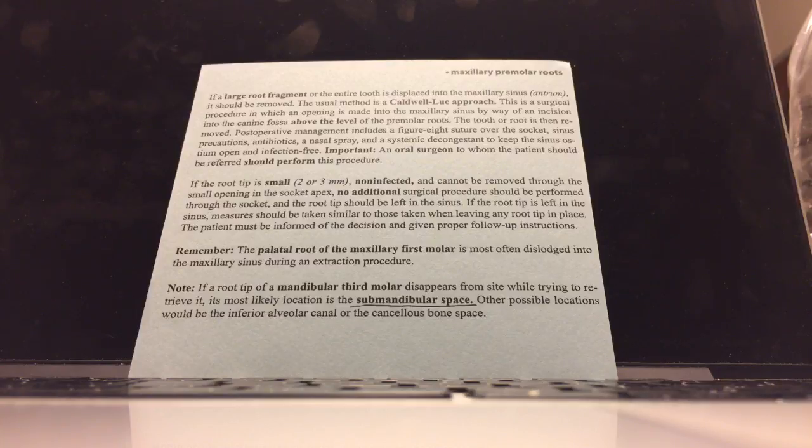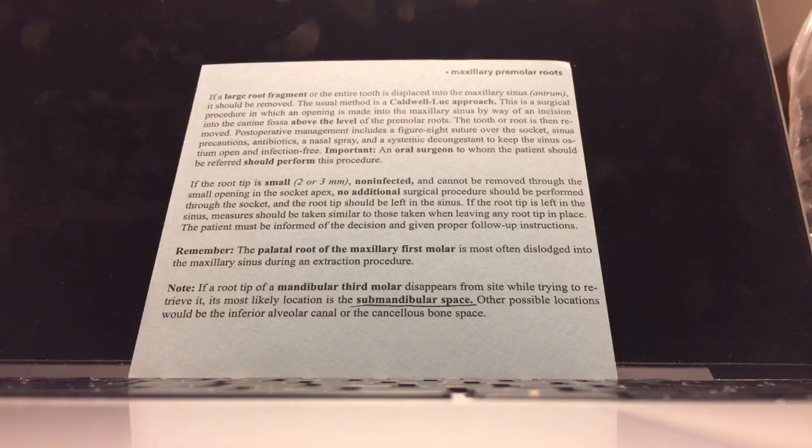The tooth or root is then removed. Postoperative management includes a figure 8 suture over the socket, sinus precautions, antibiotics and nasal spray, and a systemic decongestant to keep the sinus ostium open and infection-free.